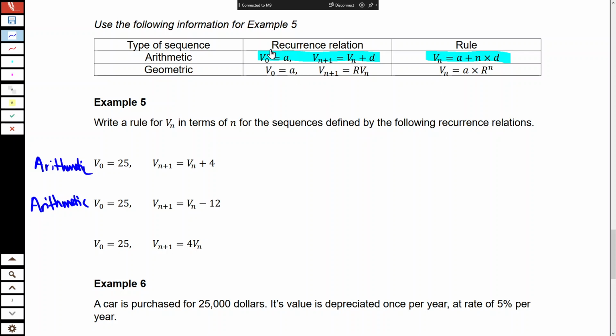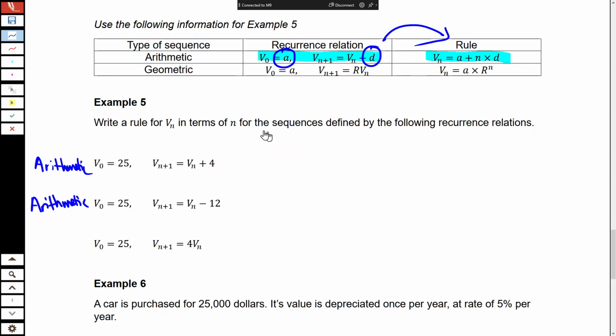So what this is saying is if I start my sequence at A and then plus D every single time, like we do in an arithmetic sequence, then instead of writing out every single term, because that's a big pain, what I can do is write down a formula for the nth term, which says start at A and then add n times D. So all we need to do in this question is identify these numbers A and D and then chuck them into the rule. So replace them.